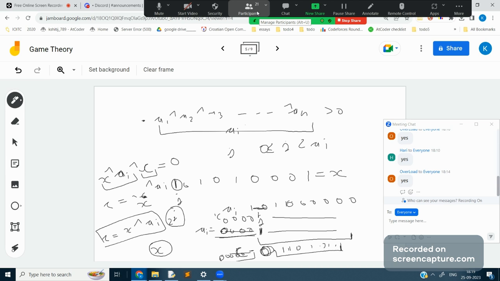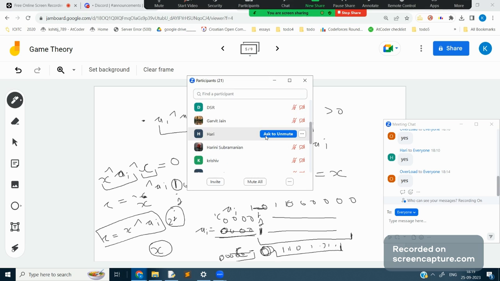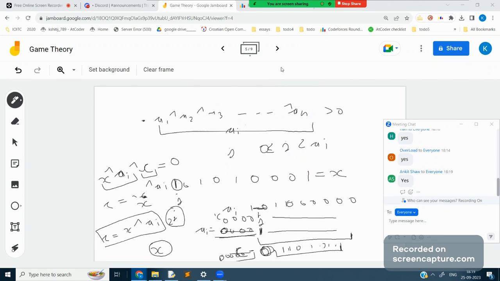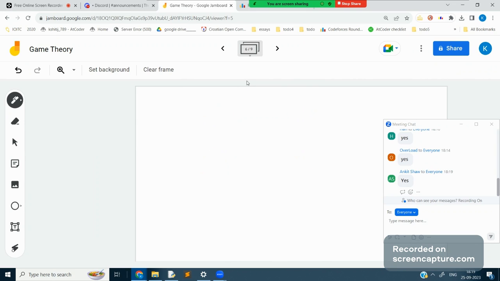Okay. So this basically concludes the problem, since if XOR is greater than 0, we can choose to go to a 0 state.